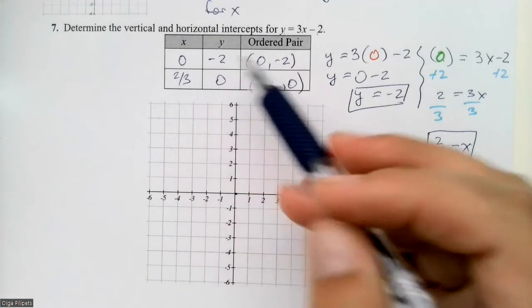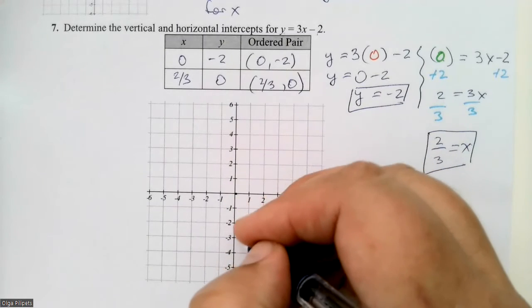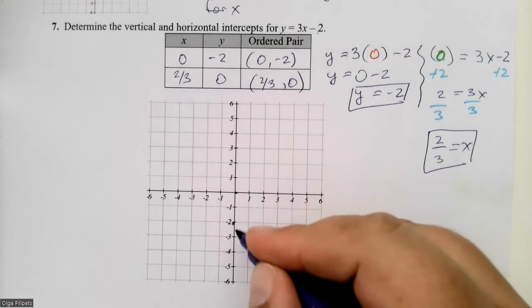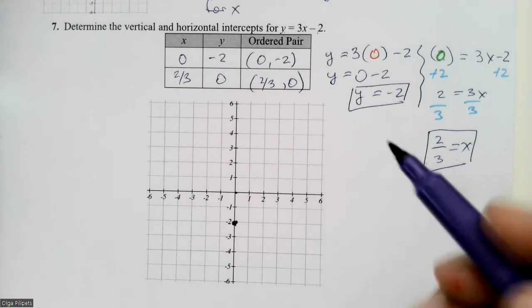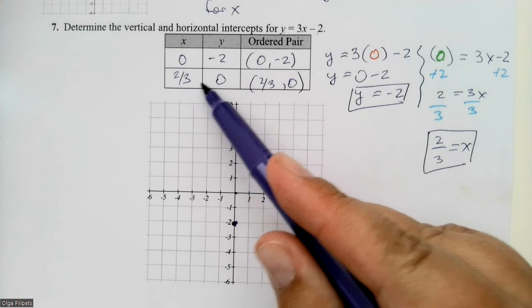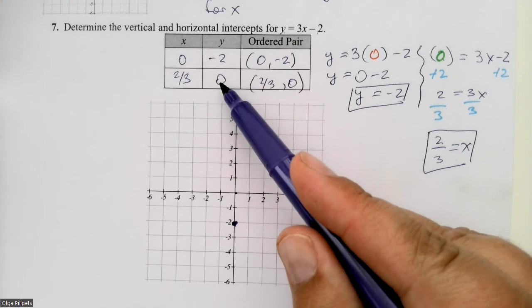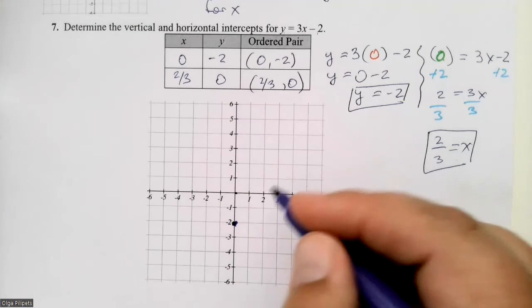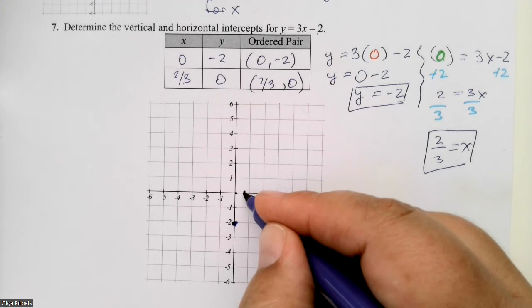So we have (0, -2) right here. Let me use a colored marker. So right here. And the next one is (2/3, 0). By the way, yeah, (2/3, 0), so right here.